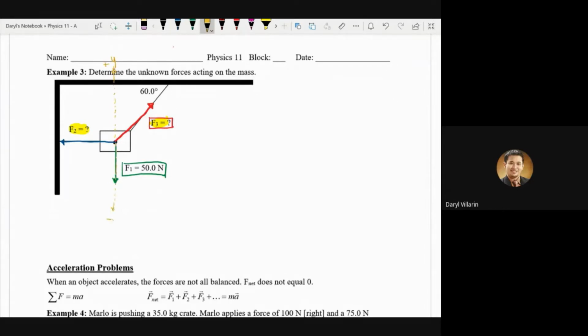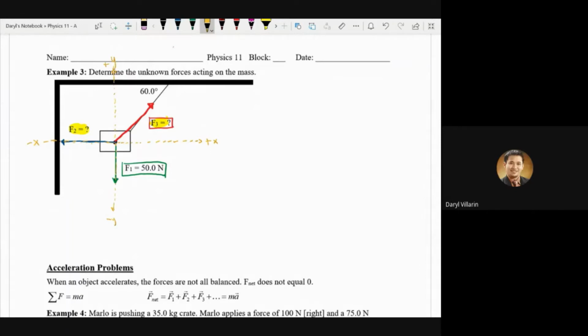Downward is negative y, and to the right would be my positive x. So I have this imaginary x and y axis that I'm using. If you can see, my F2 is just lying along the x-axis.